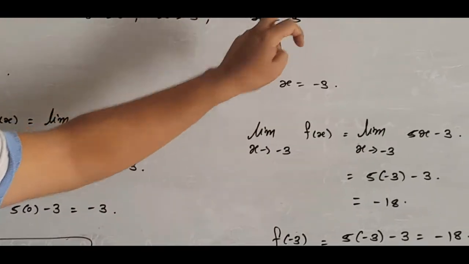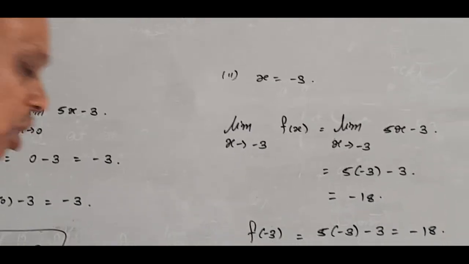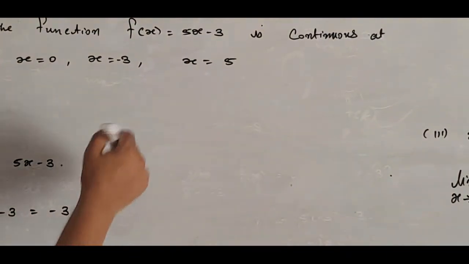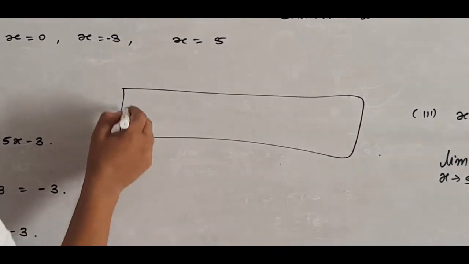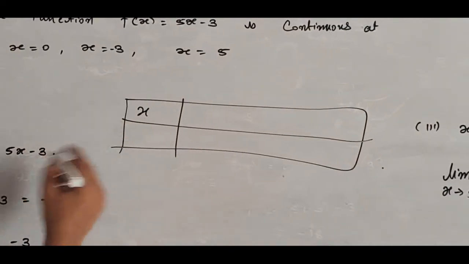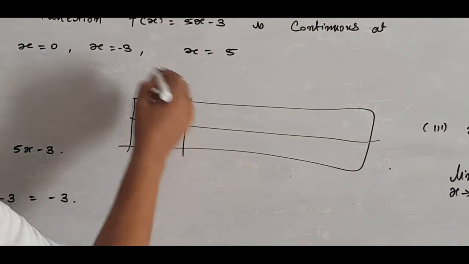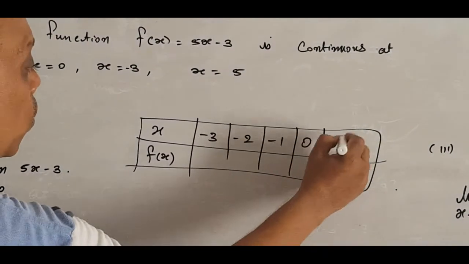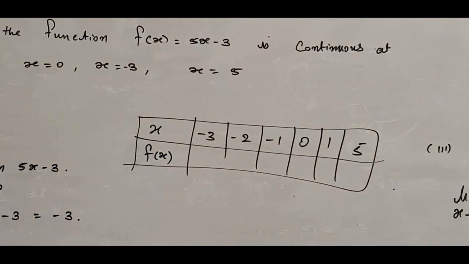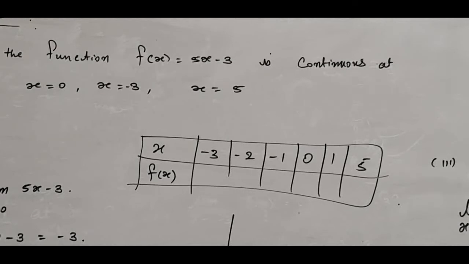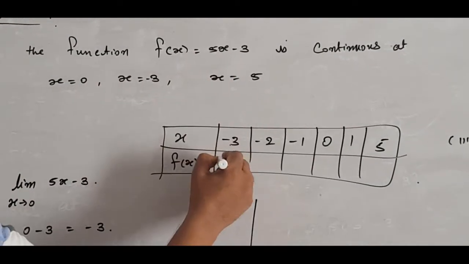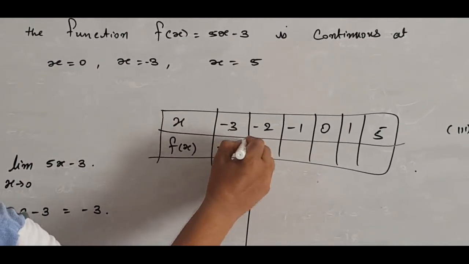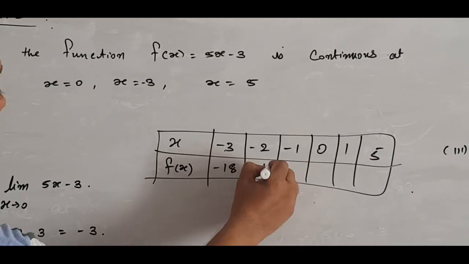f(x) is what? 5x minus 3. If I plot it, all the things are clear. I just draw the graph. We just make a table of x and f(x). Here I am taking minus 3, minus 2, minus 1, 0, 1, 2, 3, 5 as values. If you take minus 3, then that will be minus 18, minus 13.